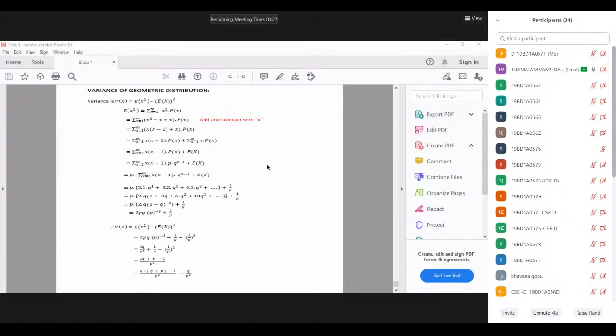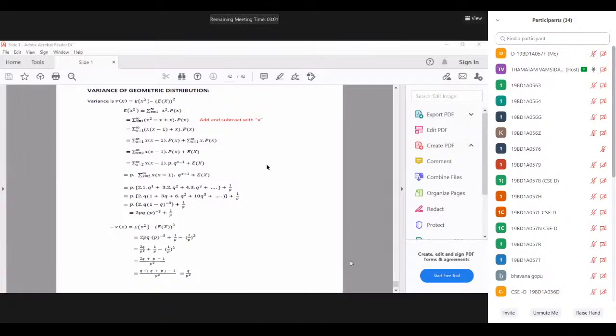Binomial distribution is for finite n, and it contains only two possible outcomes, success and failure.